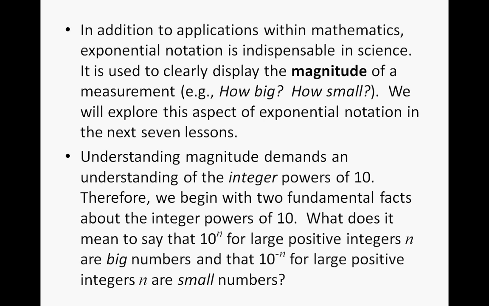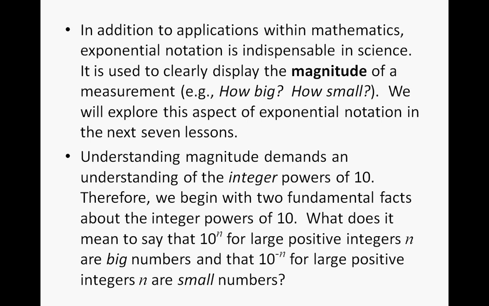Understanding magnitude demands an understanding of the integer powers of 10. Therefore, we begin with 2 fundamental facts about the integer powers of 10. What does it mean to say that 10 to the nth power for large positive integers n are big numbers, and that 10 to the negative nth power for large positive integers n are small numbers?